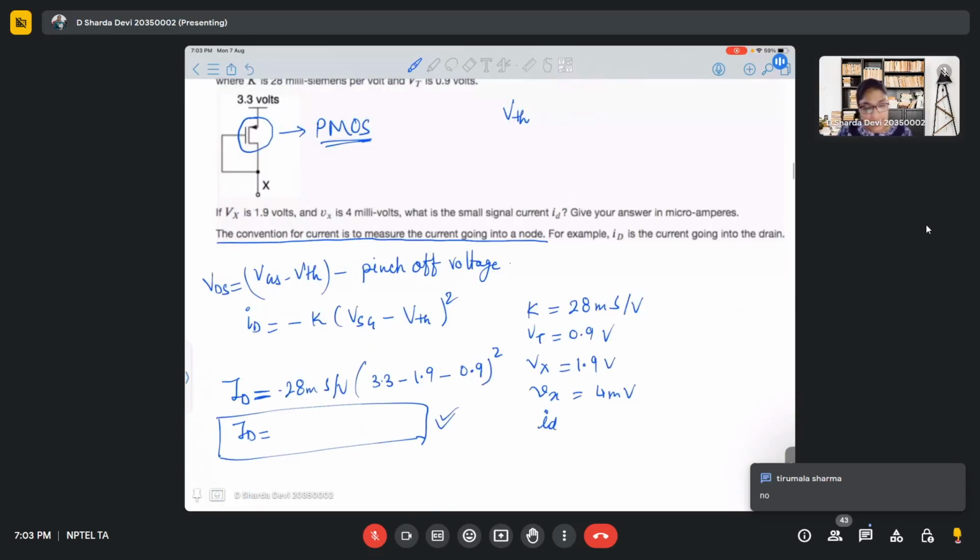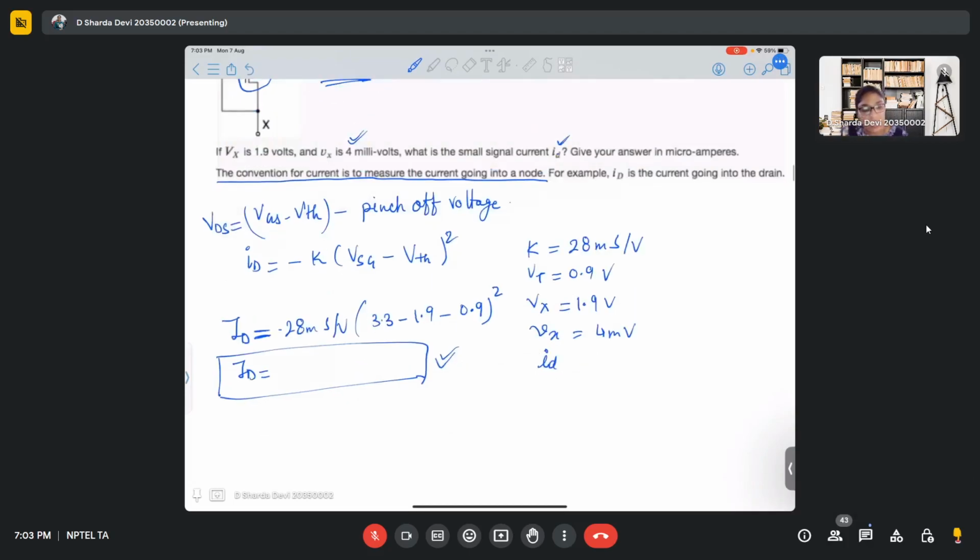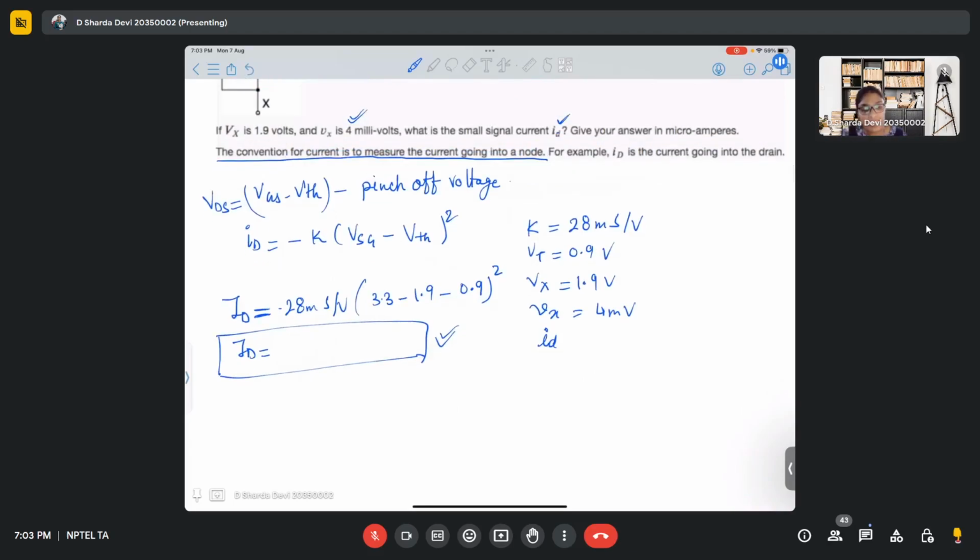What has been asked is that there is a small voltage change of 4 millivolts. Corresponding to that voltage, what is the current that you can see, which is the small id? So how do we calculate the small id?